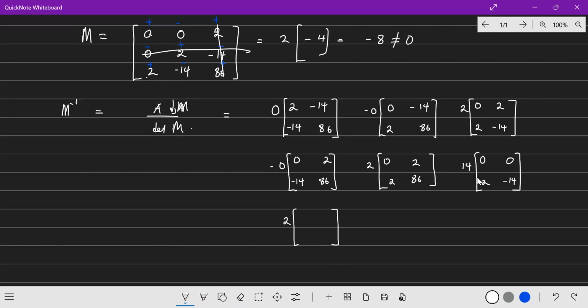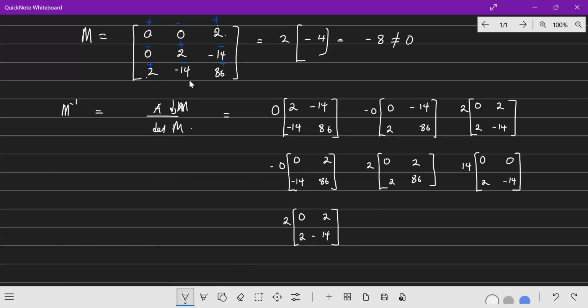Okay, better now, right? And then I'm doing this row, the last row. Here, positive, right? So I'll cover this and I'll cover that. So I have 0, 2, negative 14. Okay. All right.